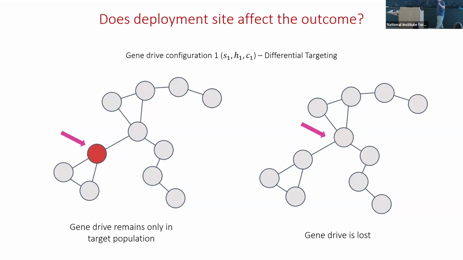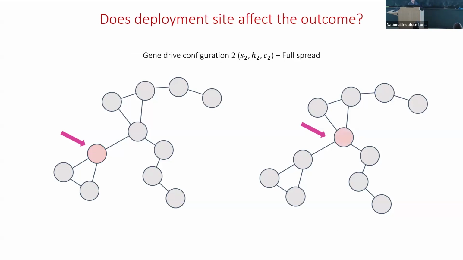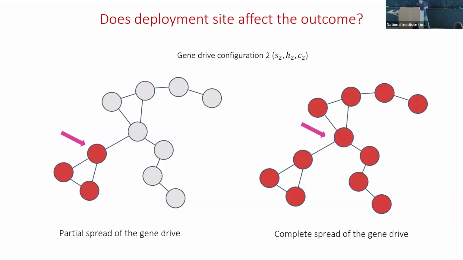So this is the same gene drive, but in different positions in the network. The same with a gene drive that's supposed to spread through the entire system, right? We just release the same gene drive in two different points in the network, and we get different outcomes. So the position of the release in the entire population network affects the outcome.